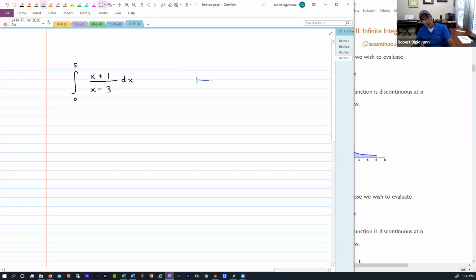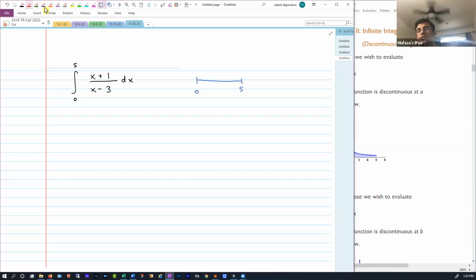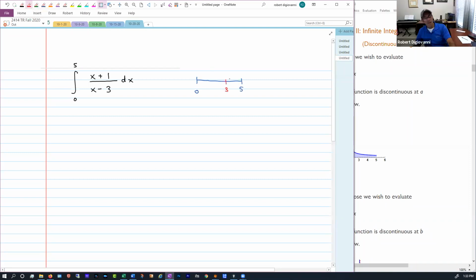So I would look at my interval. I go from 0 to 5. Is it because -1 is not in our interval? It has nothing to do with the fact that it's not in our interval. I'm not looking at -1 because I don't care about -1. It's not making my function undefined.